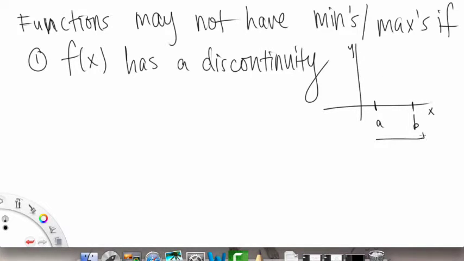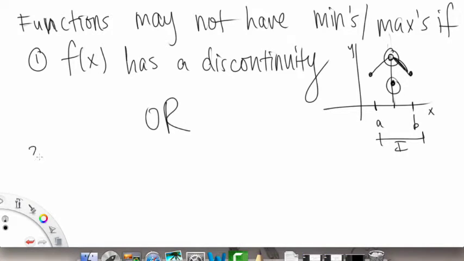This defines our interval I. Then we're going along, and this looks like it could be the maximum, but it has that discontinuity there, and it jumps down here. It's kind of confusing, and it's discontinuous, so we can't declare this the maximum, or this the minimum either. So if f of x has a discontinuity, we may not have a minimum or maximum.